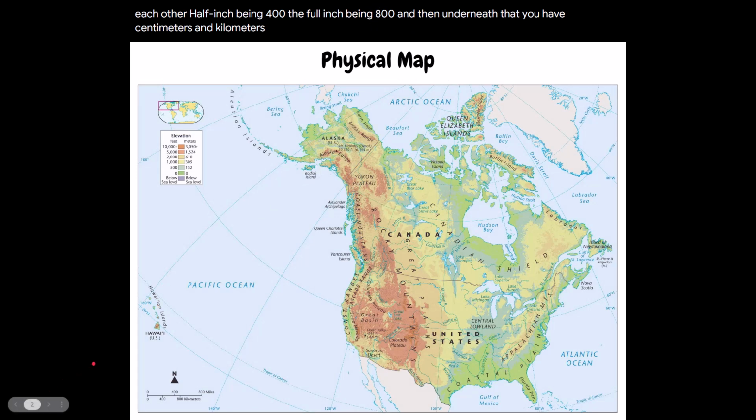the physical map. A physical map will tell you about how the country is laid out. On the key, you will see elevation.